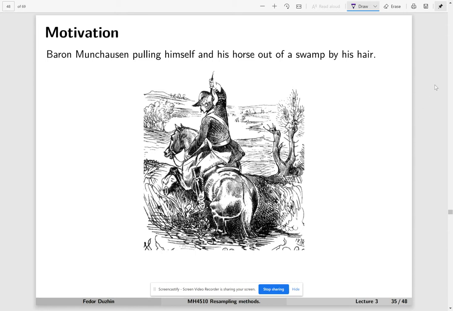This story transformed into an English saying, to pull oneself up by one's bootstraps. Somehow the pigtail became a bootstrap, but the idea is the same. It describes a seemingly impossible process that is run by internal resources.